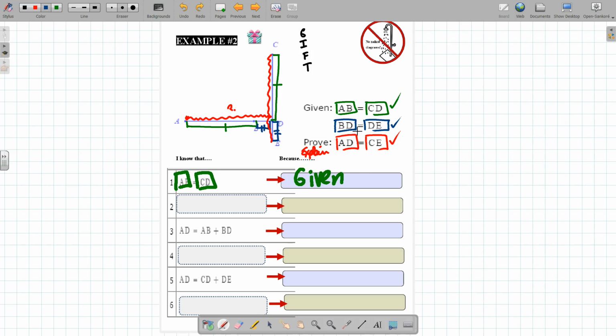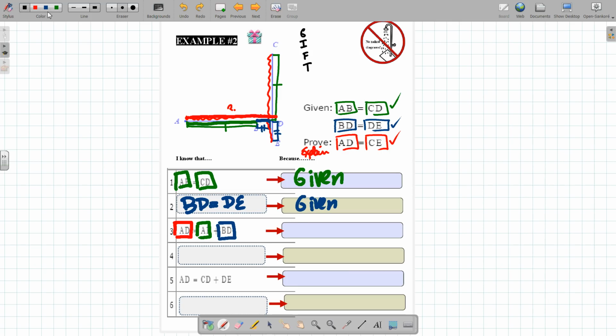I also know that BD and DE are equal, because it's given. Let's take a look at number 3. It says here that AD, let's trace it, that's the red, is equal to AB, which is the green, plus BD, which is the blue. We know that's true.